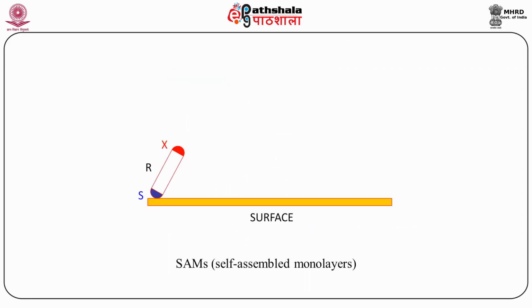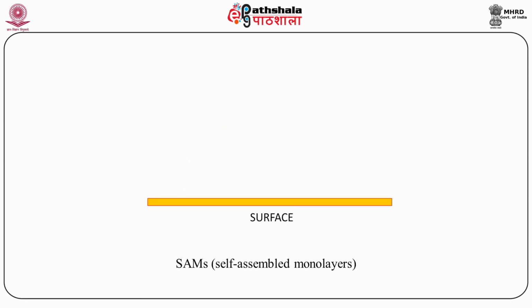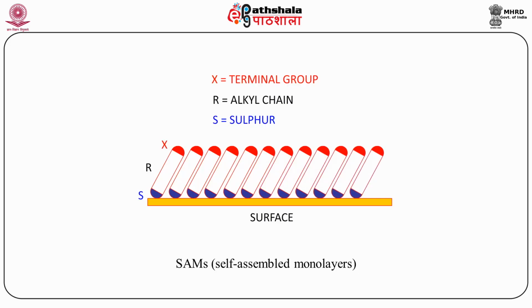How the compound is aligned on the surface. Here the example has been given of self-assembled monolayers on the surface, and what we have is terminal group, we have alkyl chain, and we have sulfur, all allotted, and the compound adsorbed on the surface can be analyzed with the help of this.